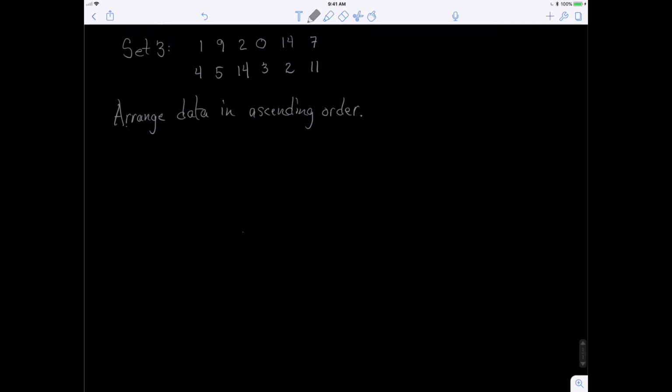My first value is a 0, then a 1, a 1, and a 2, another 2, a 3, 4, 5. Then what do we have?